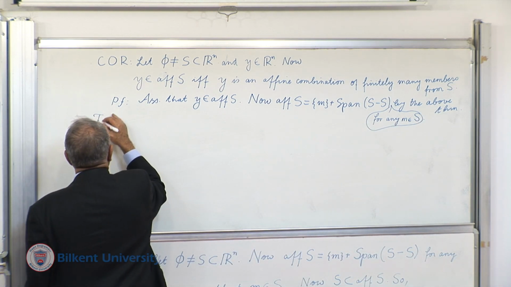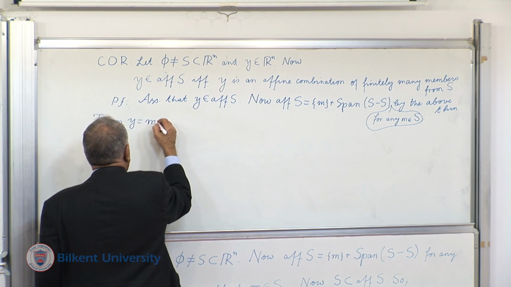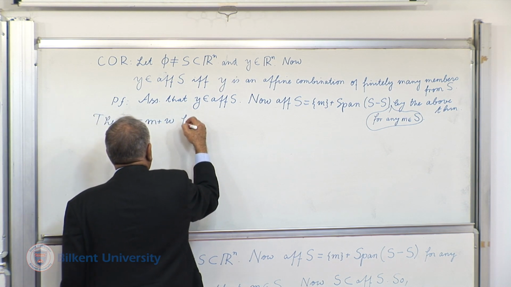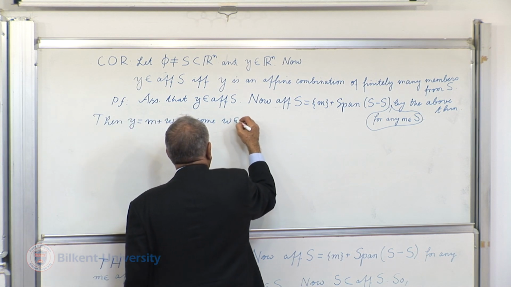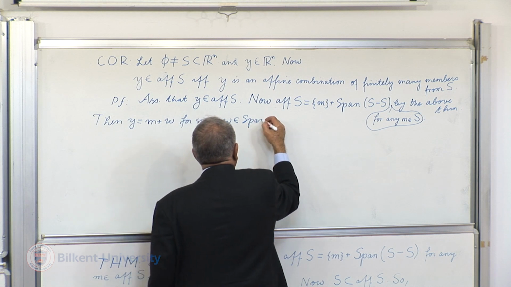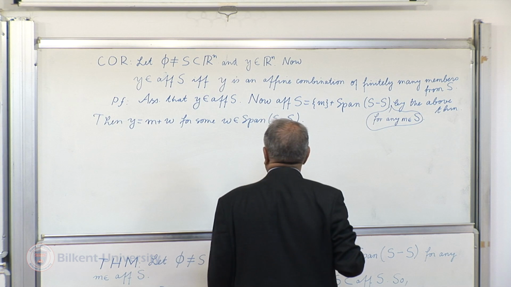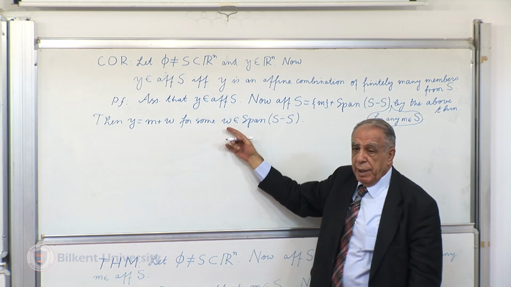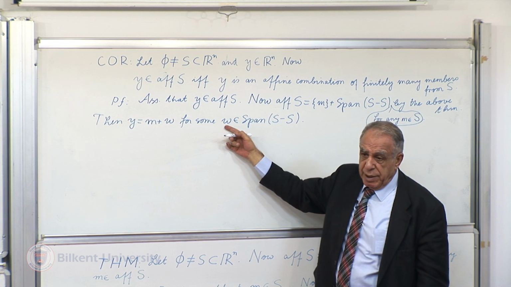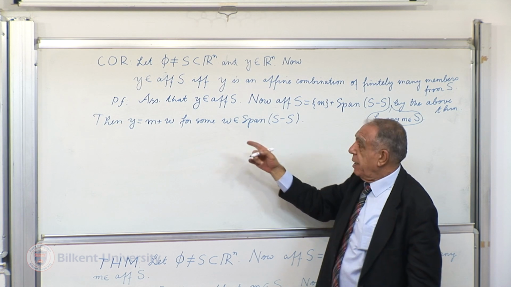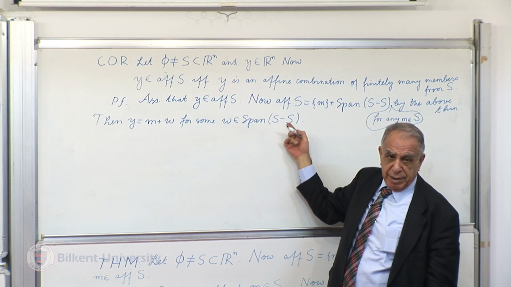Then y is equal to m plus w for some w in span S minus S. But what do we know? Then w is a linear combination of finitely many members from the set S minus S.